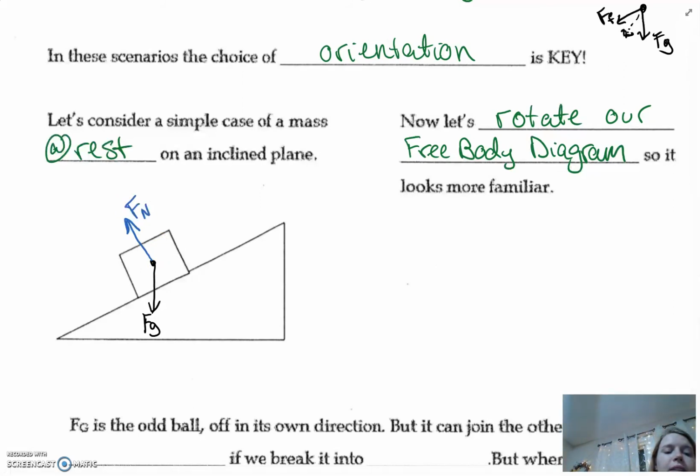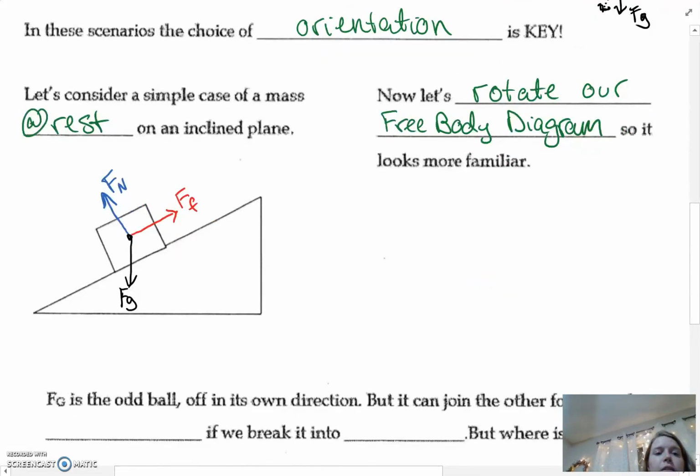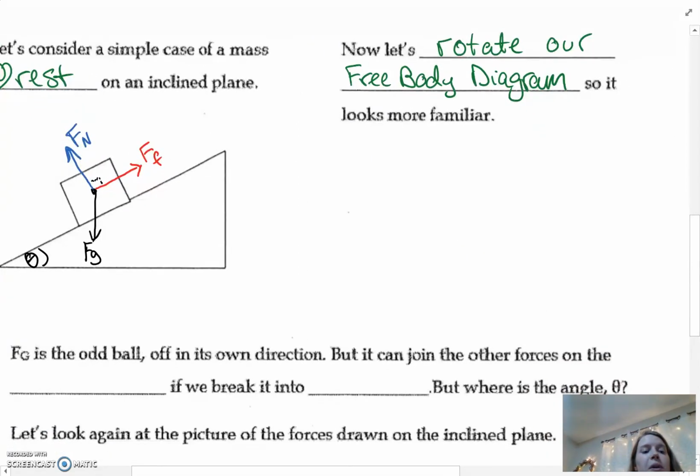And if it's at rest, some amount of this gravitational force is going to pull it down, so there needs to be some amount of frictional force causing it to not move. So we have this issue here where, with theta, the normal force and the frictional force make this nice 90-degree angle, and the force of gravity is off in its own weird way.